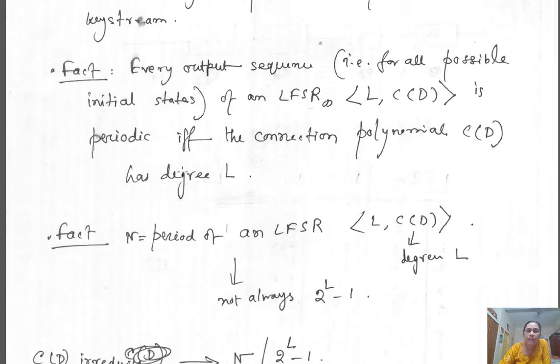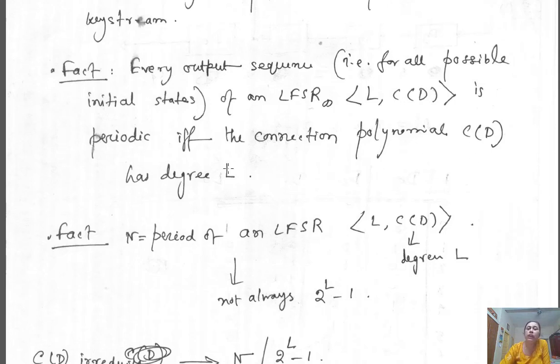Another fact is that every output sequence, for all possible initial states of an LFSR of length L with connection polynomial C(D), is periodic if and only if the connection polynomial C(D) has degree L. That means it is a non-singular LFSR. So the LFSR is periodic if and only if it is non-singular.